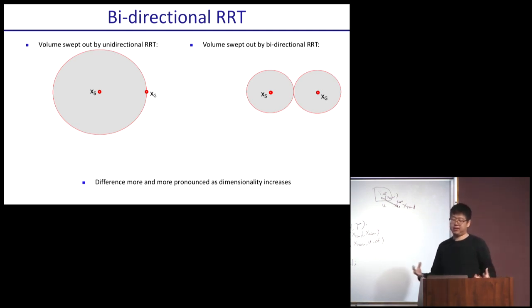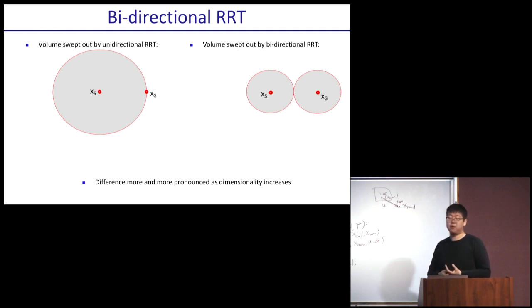And on the right side, we find something new, that is bidirectional RRT. It starts from both the starting point and the goal, and expands together. When the RRT trees reach each other, we have already found the path from the starting point to the goal. So what's the benefit of doing this?